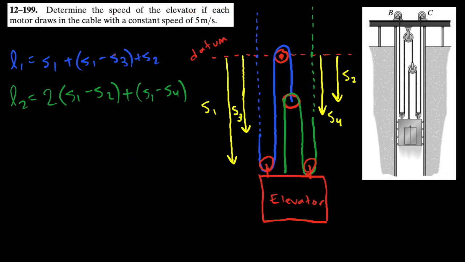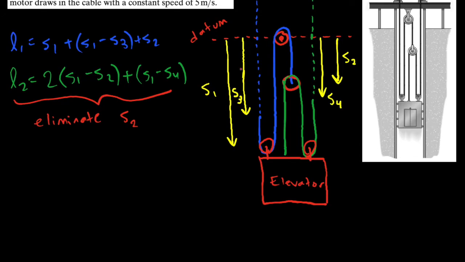What we want to do is get these systems of equations, and we want to eliminate S2 from them, because we're not primarily interested in that right now. So let's grab this blue equation and rearrange it.